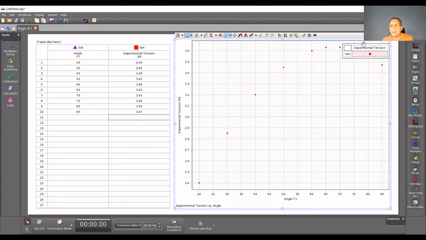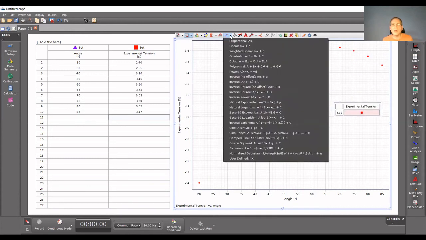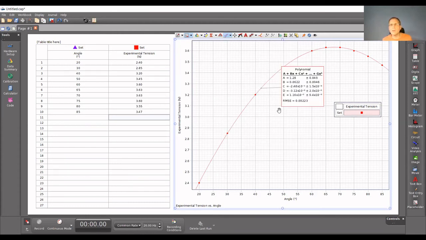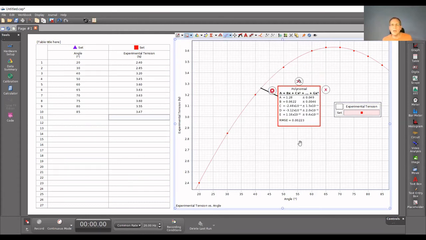And now for this one, we're going to do a polynomial fit. So we'll choose fit and go to polynomial. Okay, and it does a fairly smooth fit right through all the data. So what we want to do is find the maximum tension experimentally, which means after I fit the graph, I want to find the peak of my curve. You don't want to use one of your data points. You actually want to find the peak of your curve.